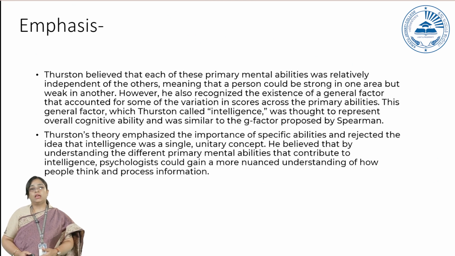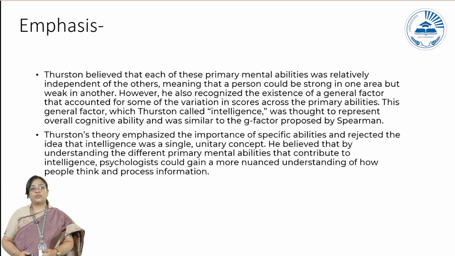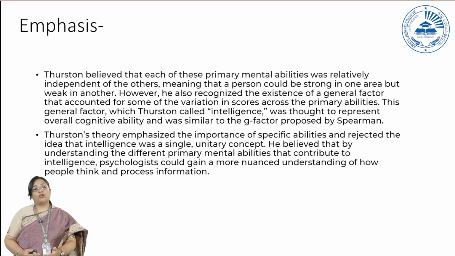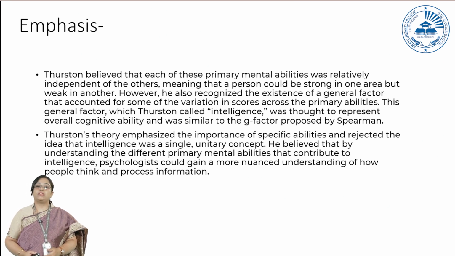However, he also recognized the existence of a general factor that accounted for some of the variations in scores across the primary abilities. This general factor, which Thurstone called the intelligence factor, represented the overall cognitive ability and was similar to the G factor proposed by Spearman.